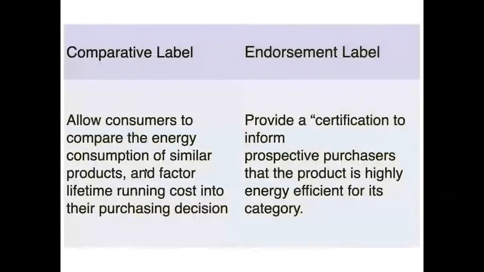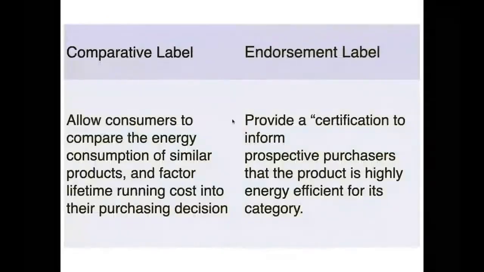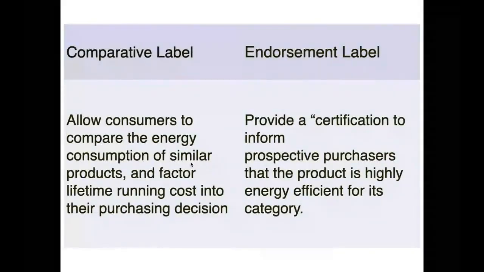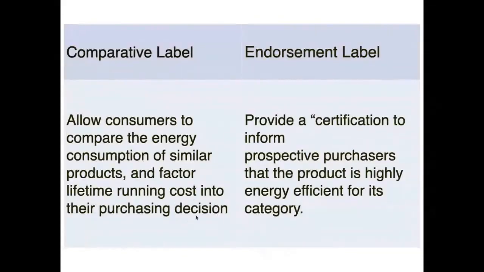There are two kinds of labels, comparative labels and endorsement labels. Comparative labels allow consumers to compare the energy consumption of similar products and also factor lifetime running costs into their purchasing decisions, whenever they are purchasing such kind of products.